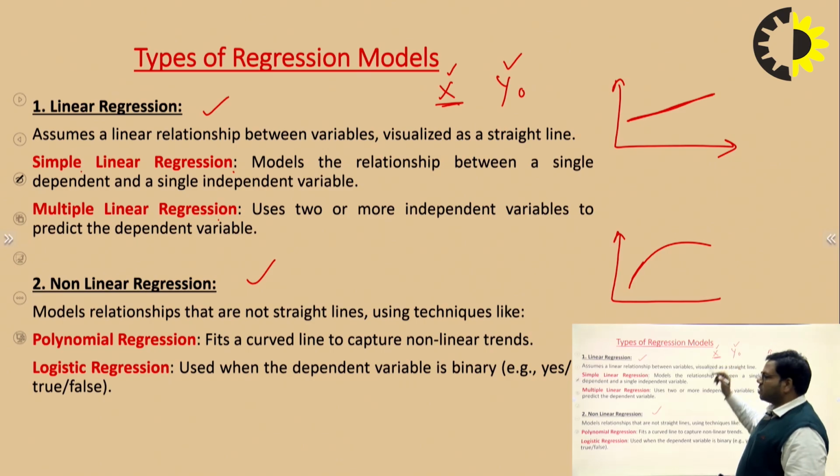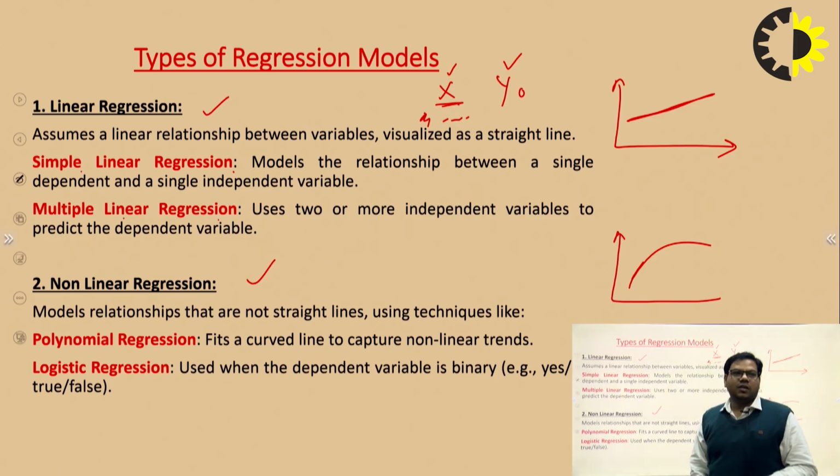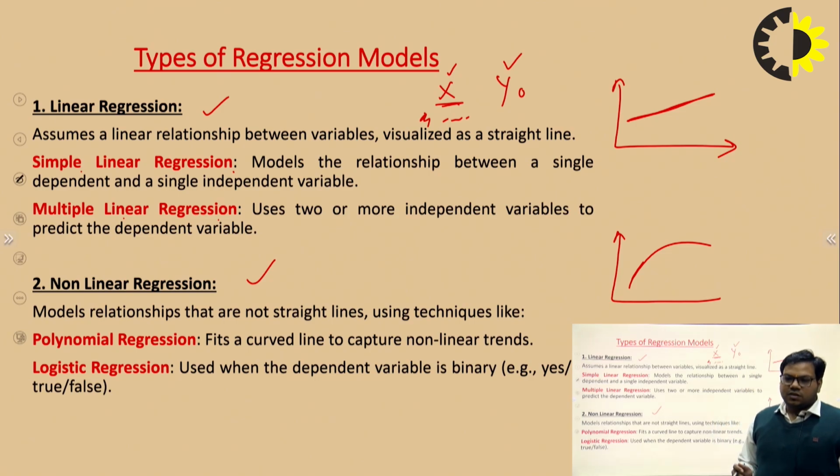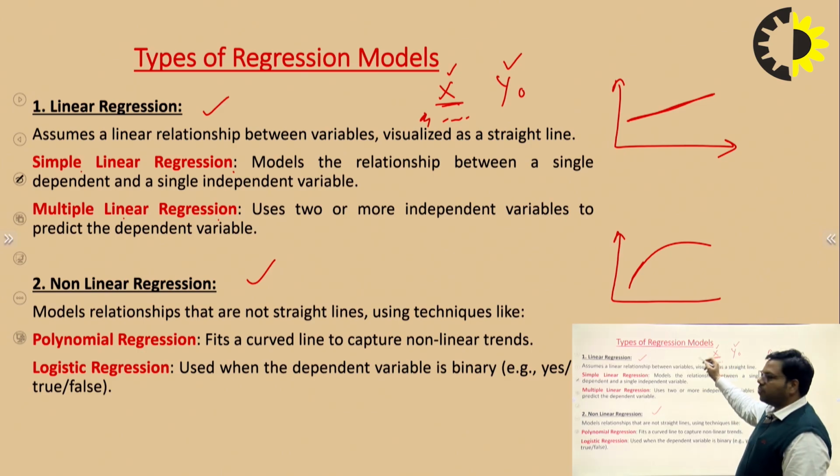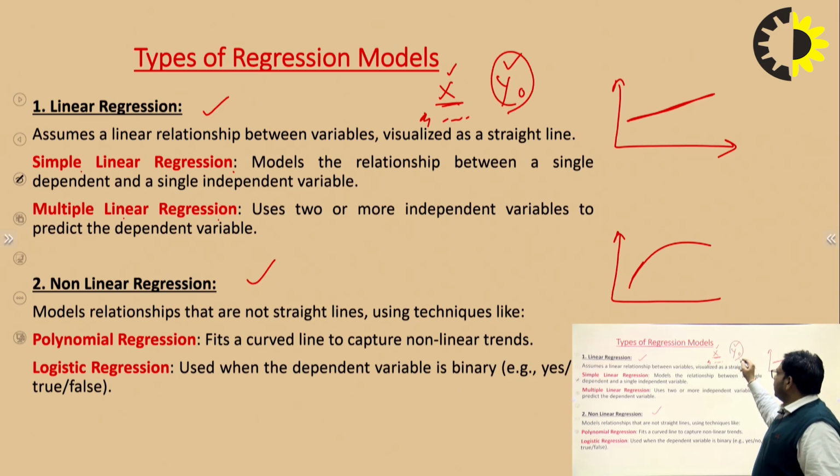If this x contains multiple x's, like x1, x2, x3 up to xn, then that is the case of multiple linear regression. That is also called multivariate linear regression or multivariate analysis sometimes, when we are dealing with multiple input variables or multiple independent variables on which we are going to predict the outcome of y.